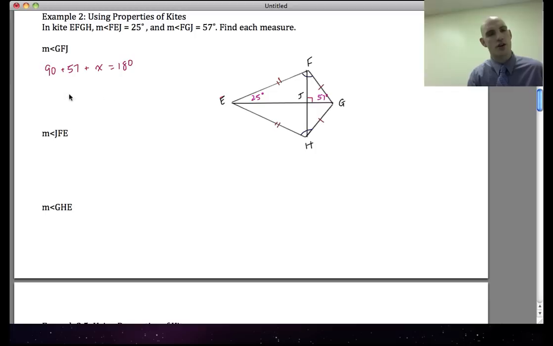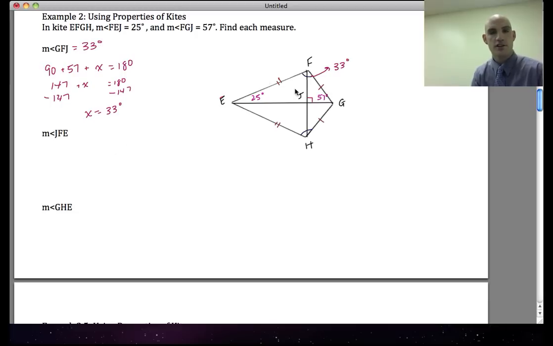Well, when I solve for this, I have 147 plus X is equal to 180. So I subtract 147 from both sides, and I get X is equal to 33. And so this angle here is going to be 33 degrees. Okay? Go ahead and write it in.